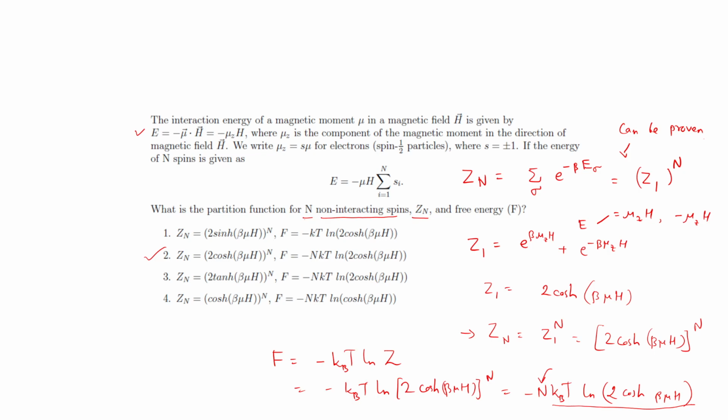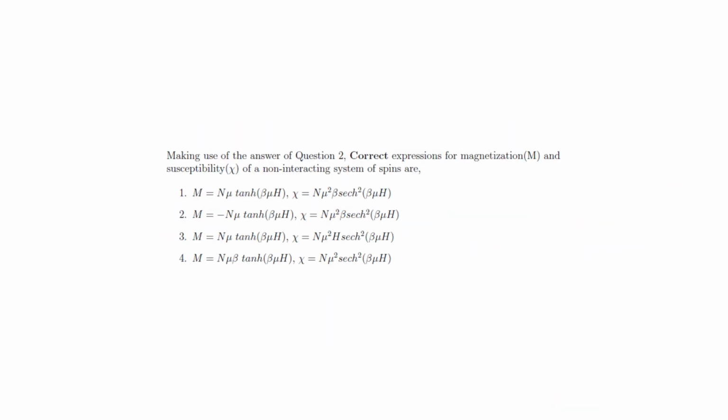Now let us go to the next question. By making use of the answer of question 2, what is the correct expression for magnetization? Okay, so the magnetization M is given by minus the derivative of free energy with respect to H. And F is minus kBT ln 2 cosh(beta mu h).